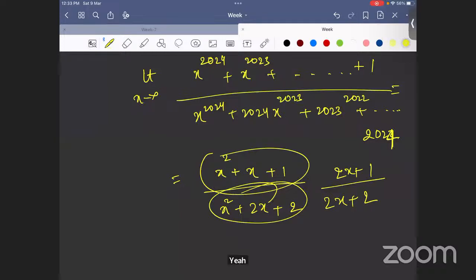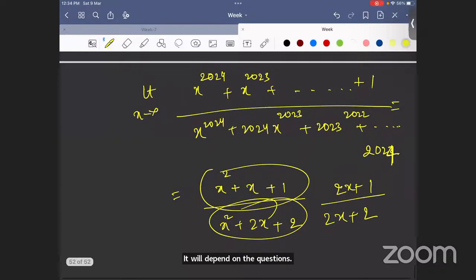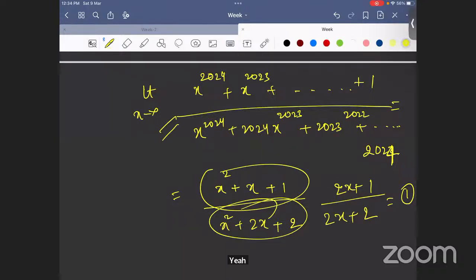Every time we differentiate, we get the power times power factorial, like 2, then 1. It will depend on the quotient, sir. For this case you are getting 2 upon 2, 1 only. In a similar case, if I have a quotient in which the denominator is higher or not the same, it may not be 1, right?